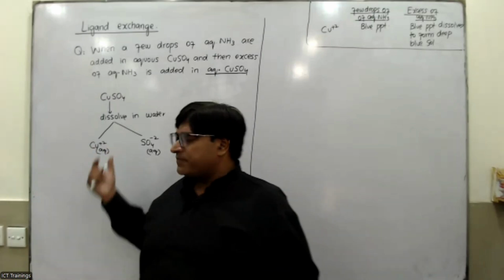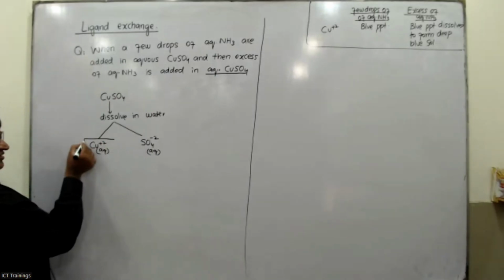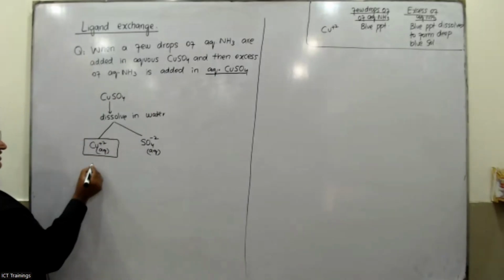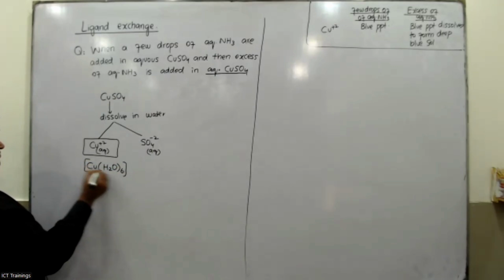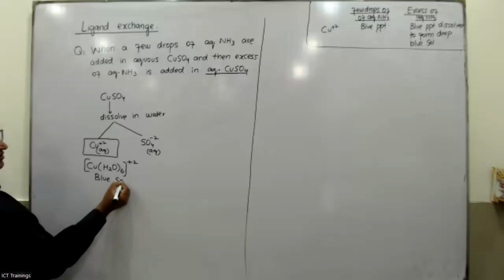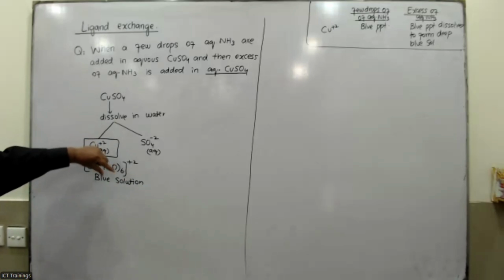So copper plus 2 aqueous ion, what is this actually? This copper plus 2 aqueous ion is actually copper surrounded by water molecules, 6 ligands, forming the plus 2 charge, and this forms the blue solution. So the blue color of copper sulfate is actually when copper plus 2 forms a complex with the 6 water molecules.